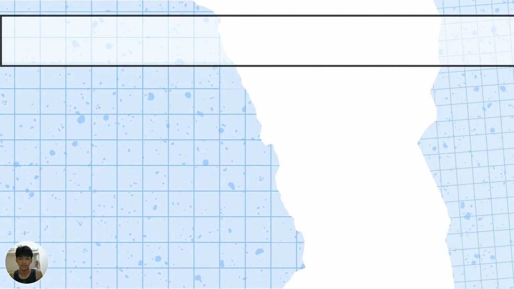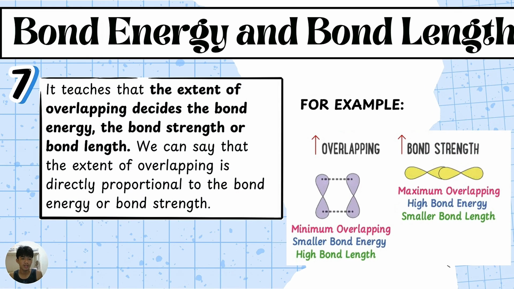So that's it. Next, the 7th point is bond energy and bond length. This point teaches us that the extent of overlapping decides the bond energy, the bond strength, or the bond length. We can say that the extent of overlapping is directly proportional to the bond energy or bond strength.